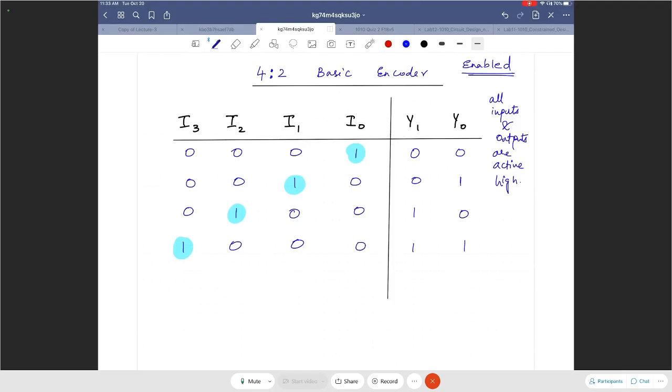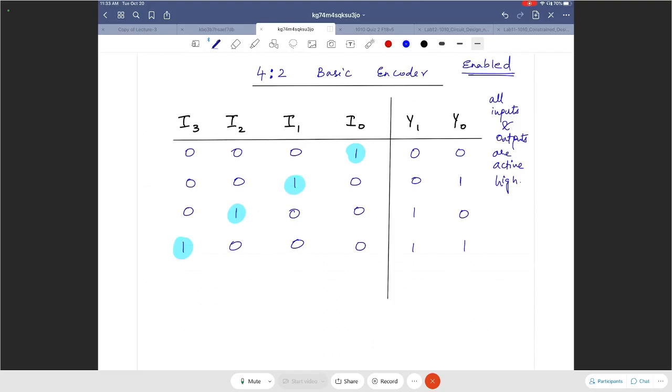Let's see, would the chip just shut off with more than one input? Well, it would not shut off. A basic encoder is not a practical thing for you to use. In practice, in reality, we will always use a priority encoder.